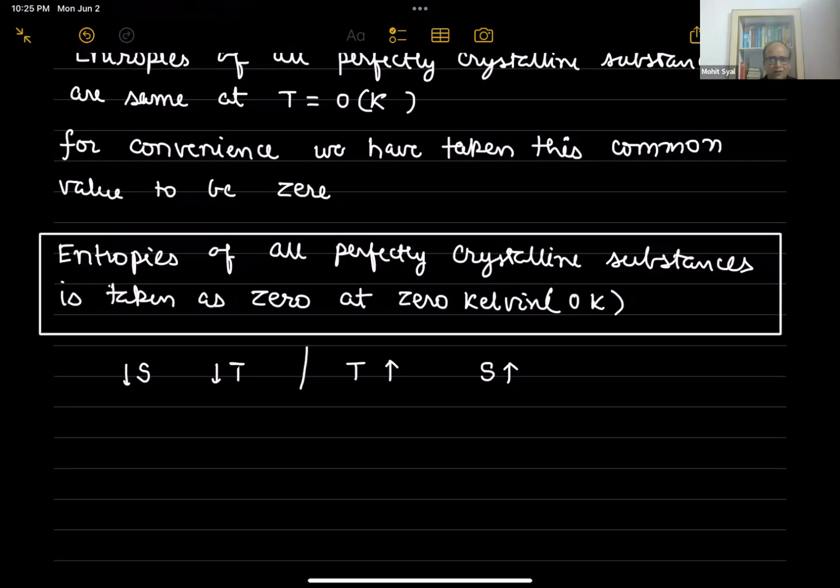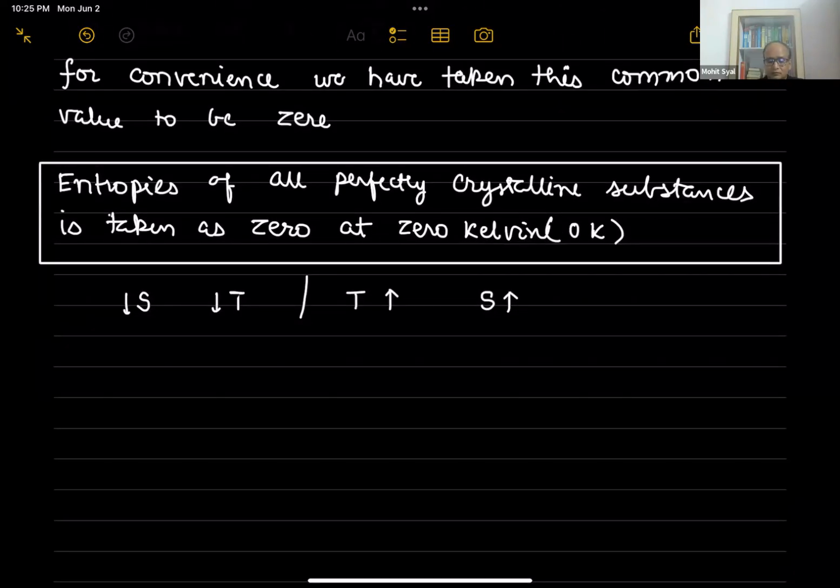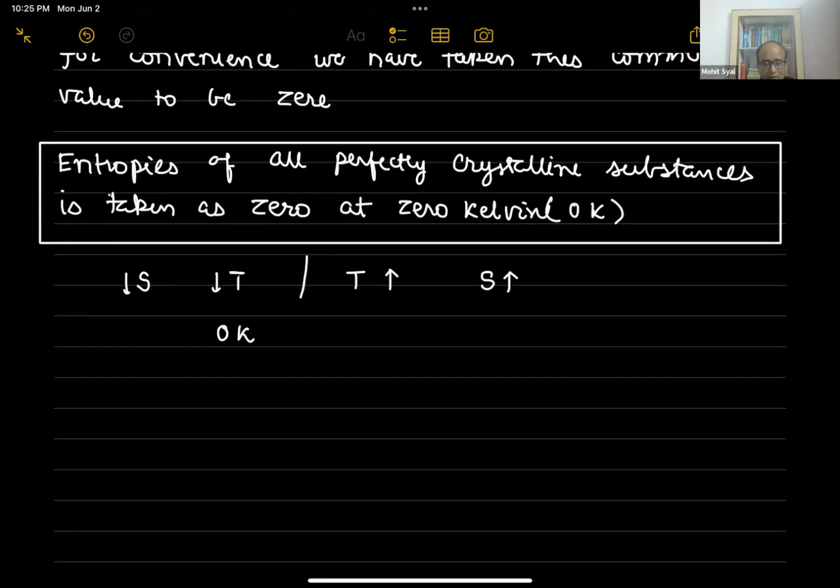It will decrease further. And what is the value of the lowest temperature in the universe? Zero Kelvin. Kelvin is the absolute scale, right? That means there is nothing lower than zero Kelvin. That's why we use Kelvin in thermodynamics and in chemistry.